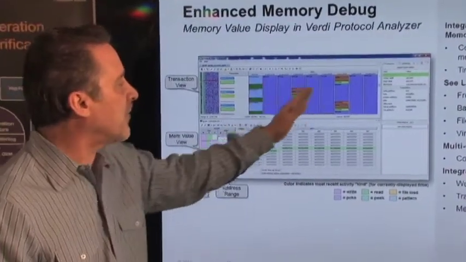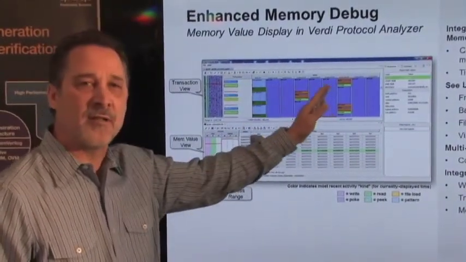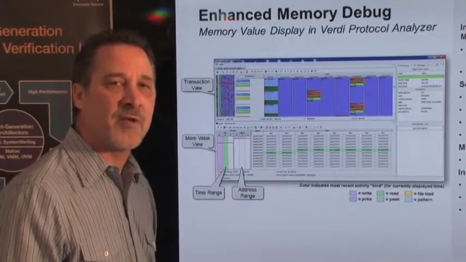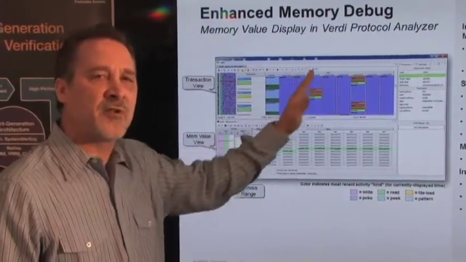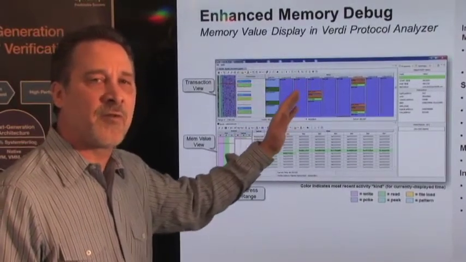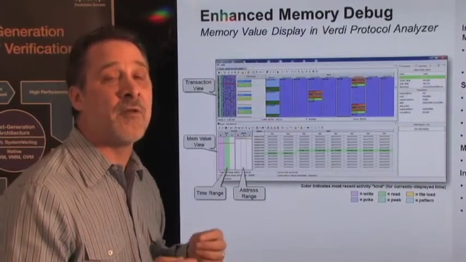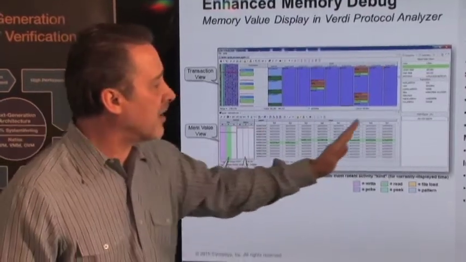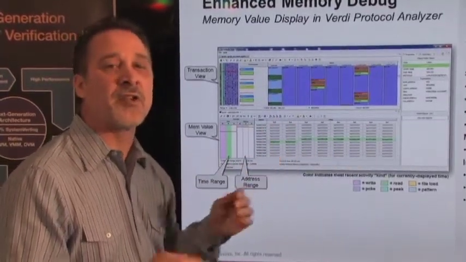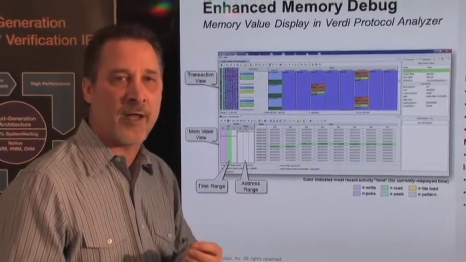In addition, in the case of memories, you probably see all the state machines. So this is all the state machines that are represented within a particular DIMM out there. But in addition to this transaction and state machine view of the world, you probably also need a view of the actual memory array itself. And on the bottom here, what we now have is a visualization of the memory array.